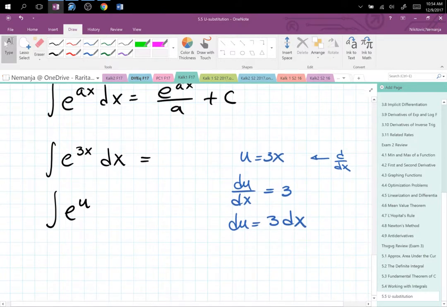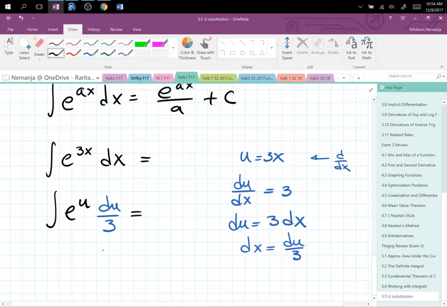So you have two options. You can either put in a 3 and a 1/3 to balance it, or what is favorable for some students is to solve for dx as du over 3. So let's use that one for now.